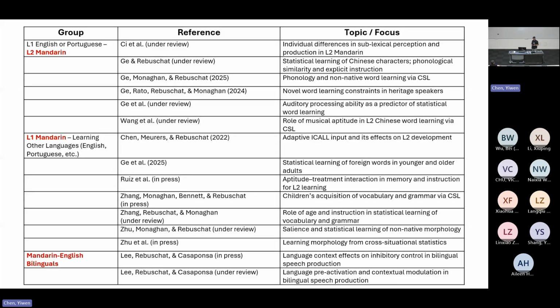So how do native speakers of other languages like English or Portuguese process or acquire second language Mandarin? We've also done studies looking at how Mandarin native speakers, people like most of you here in this room, acquire new languages, usually English or Portuguese. And we've also done work, primarily Kelly's work, looking at language processing in Mandarin-English bilinguals. So people who are dominant in Mandarin and who have learned English, how do they process language?